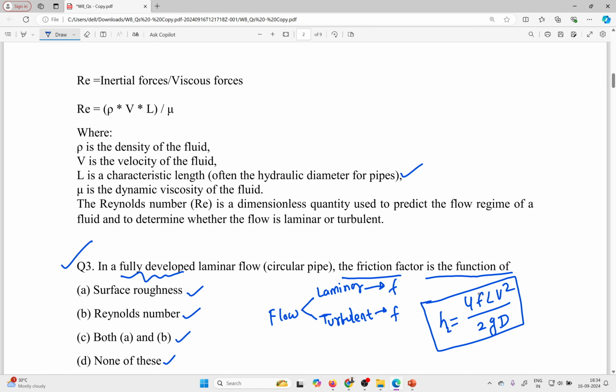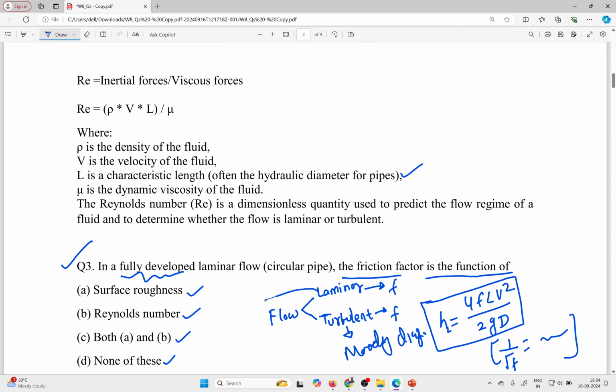So this is f, your friction factor. This friction factor is different for your laminar case, and for the turbulent case it will be different. For the turbulent case, we generally calculate this friction factor with the Colebrook-White equation, and Moody just made a diagram using the Colebrook-White equation. If you know the formula, 1 by root f equals something like that, for calculating the friction factor in case of turbulent flow.